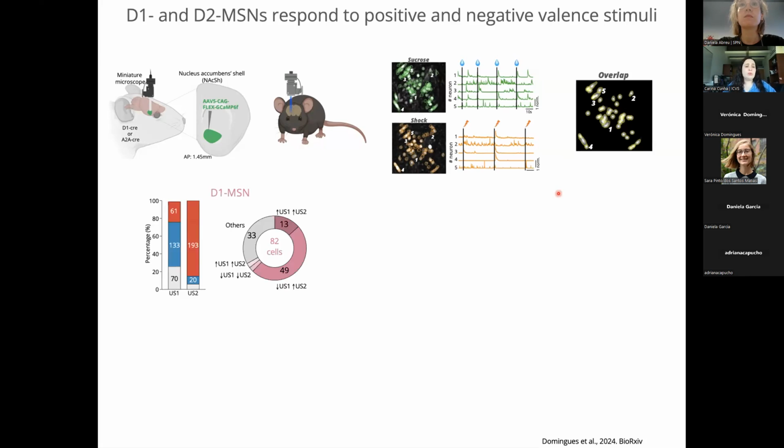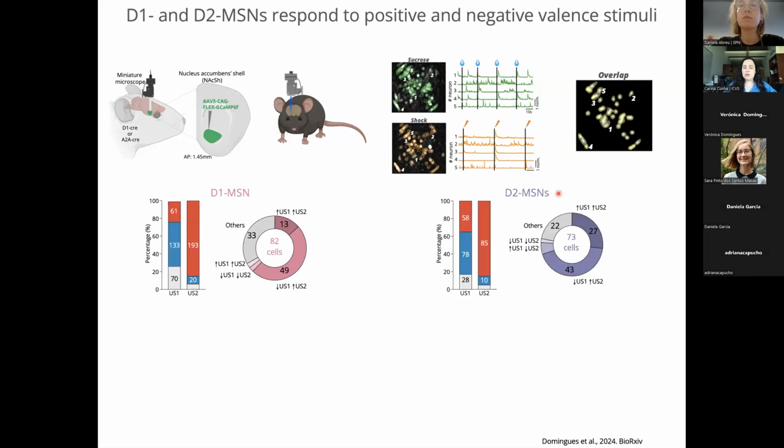So what was interesting right away to us, and I'll show you both data at the same time, was that the proportion of signals that we had from D1 and D2 MSNs were pretty similar. What you're seeing here in red is the proportion of excited neurons in response to US1, or unconditional stimulus 1, which would be sucrose, and US2, which would be foot shock.